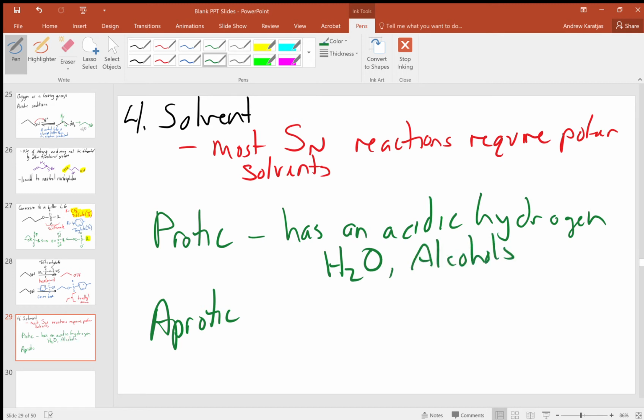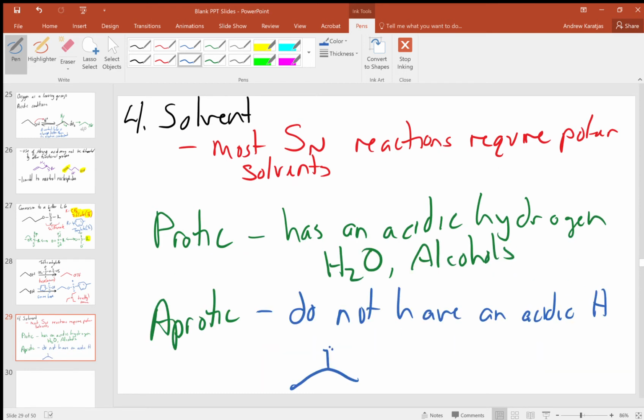Both of these have protons that are at least somewhat acidic, and so we call them protic solvents. Aprotic solvents, and we'll show some examples in a few minutes, do not have an acidic hydrogen. And so acetone might be an example.